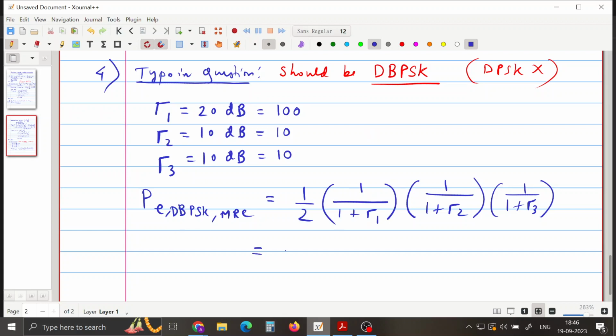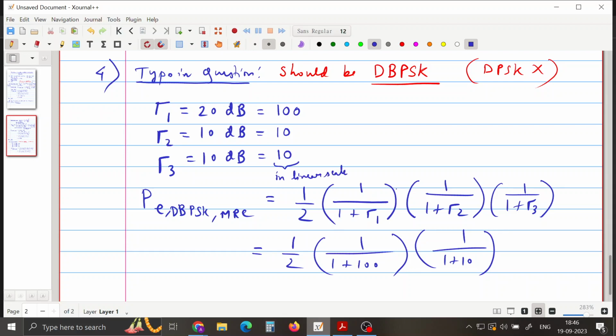So again just plug in the values. 1 by 1 plus gamma 1, gamma 1 is 100, gamma 2 is 10. These are in linear scale, that's what we need to put in the formula. And gamma 3 is again 10.